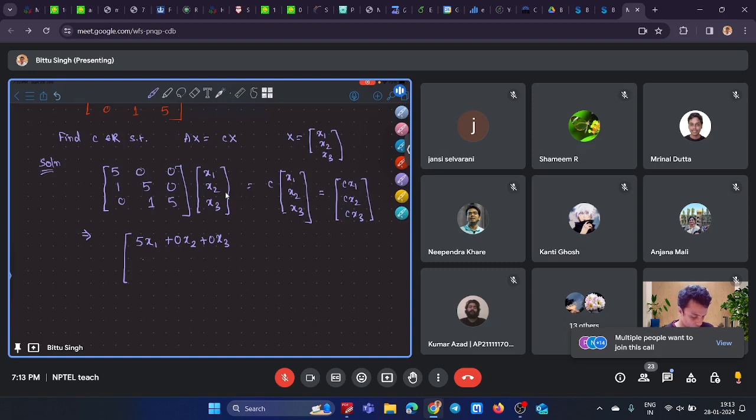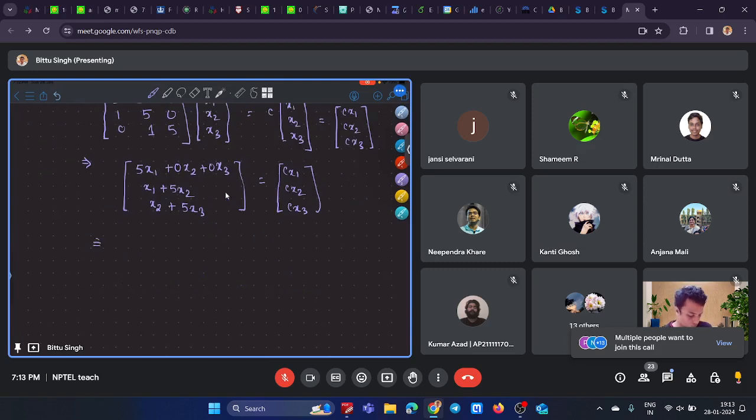So what will be the second row? It will be x1 plus 5x2 and 0. What will be the third row? The third row will be x2 plus 5x3. So this is the same as cx1, cx2, cx3.